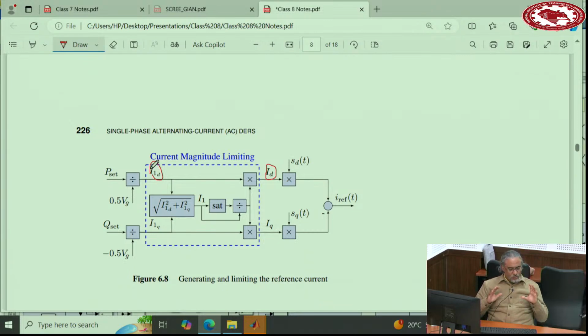When the current goes above the range of operation and becomes beyond the limit, this limiting factor causes this one to stay there, and it doesn't go above that. And the same thing for IQ. So ID and IQ here are the limited versions of this one and this one. And once you find them here, you multiply them into SD and SQ, and then subtract them. That gives you I reference.